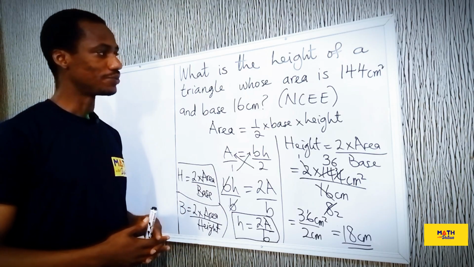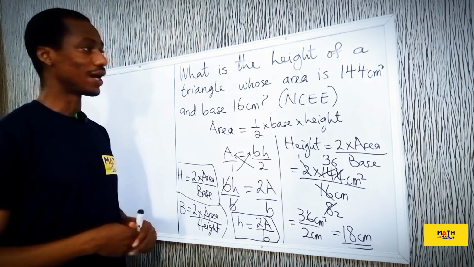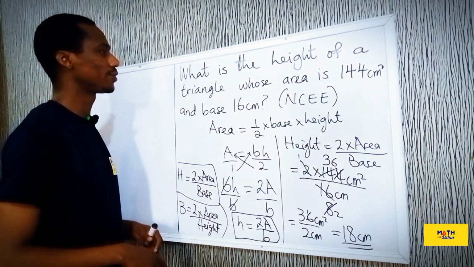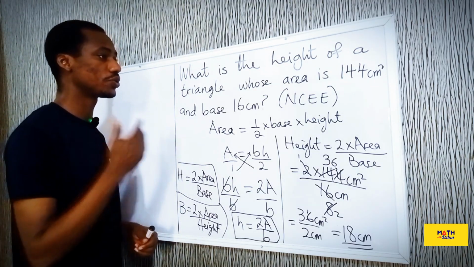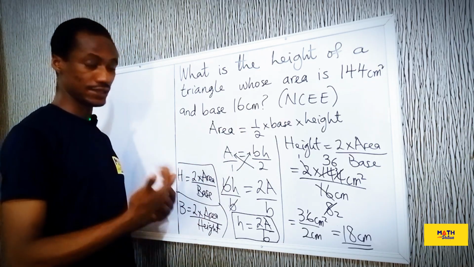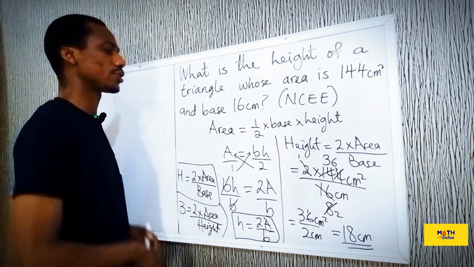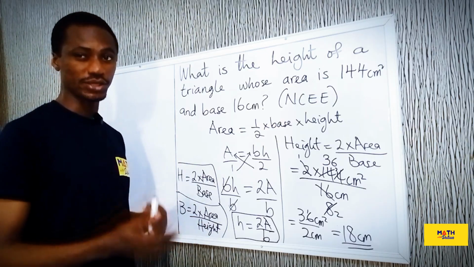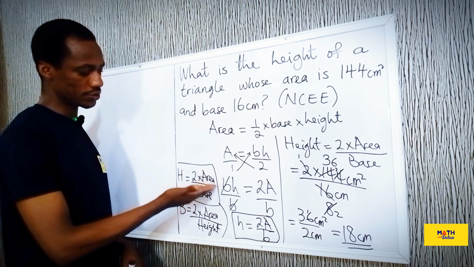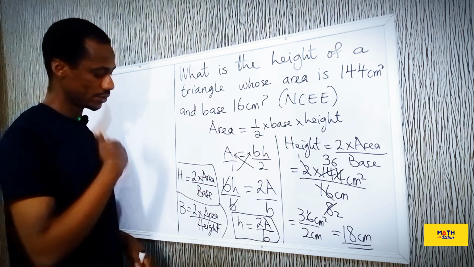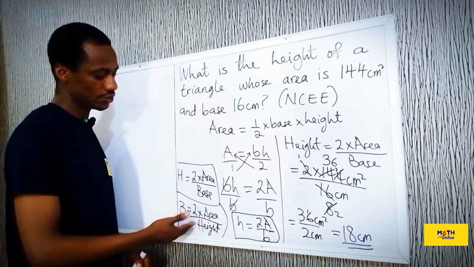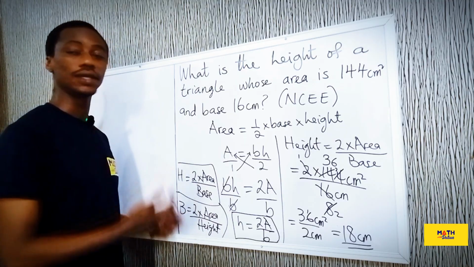Let's go over the question again. What is the height of a triangle whose area is 144 centimeters squared and base 16 centimeters? I told you that to calculate the height when the area and base are given, we have the formula height equals 2 times area divided by base. And if you are calculating for base, you have 2 times area divided by height.